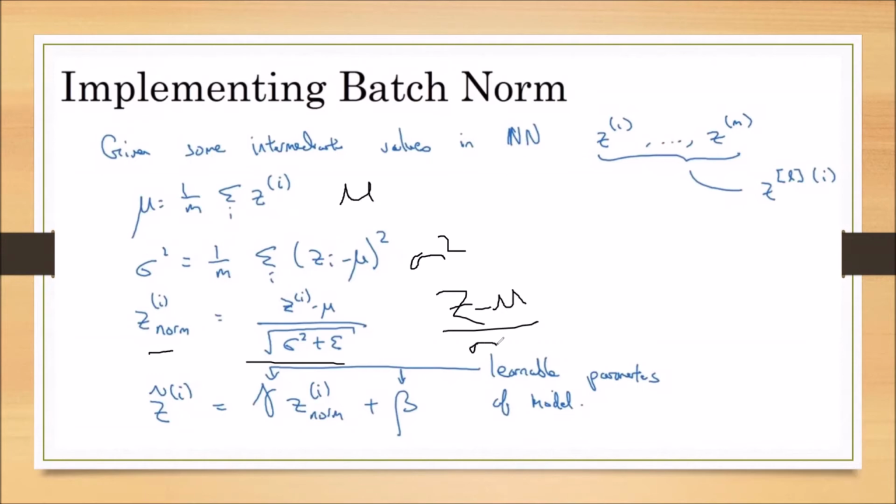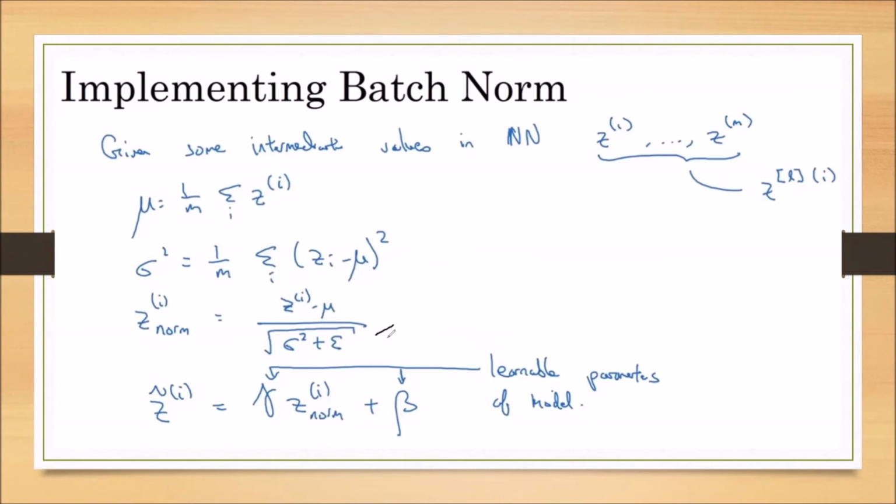But sometimes, in order to avoid a zero value of the standard deviation, we take the square root of sigma square and add a small positive constant, epsilon. Now this is the normalized value of Z: Z norm is equal to Z minus mu divided by the square root of sigma square plus epsilon.